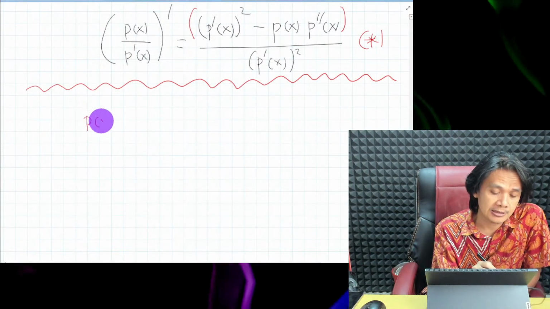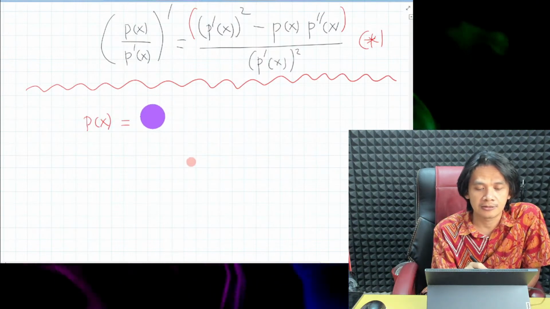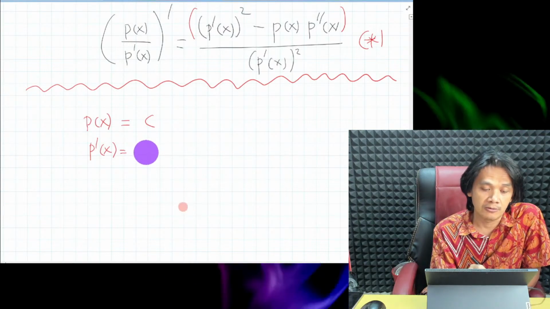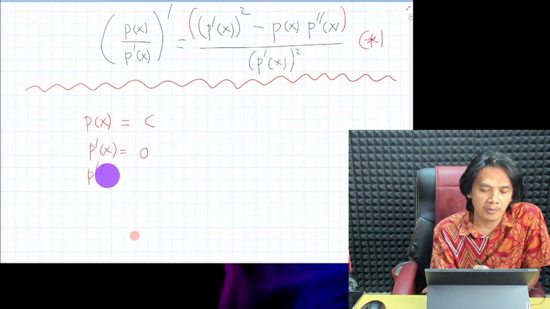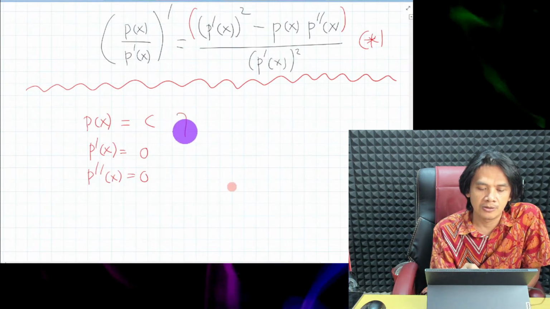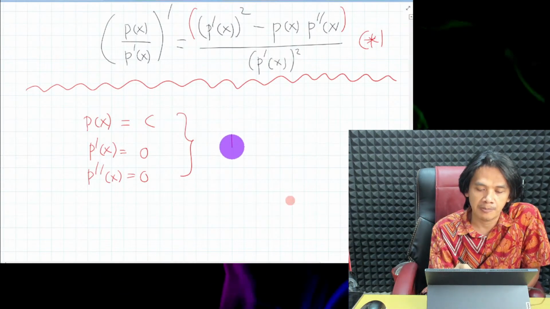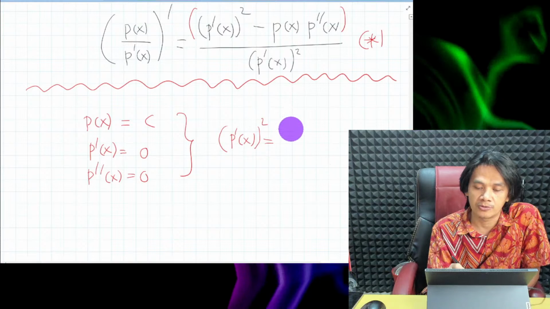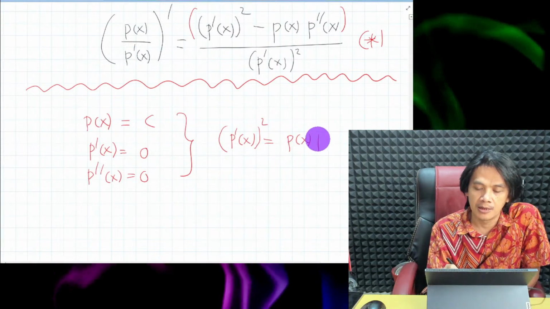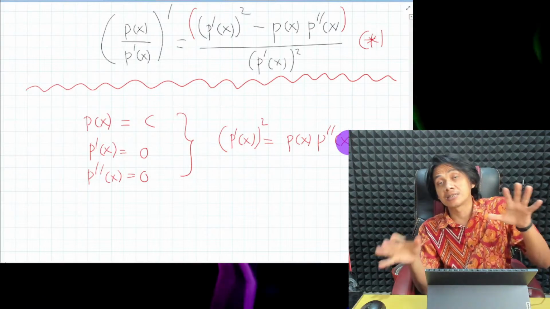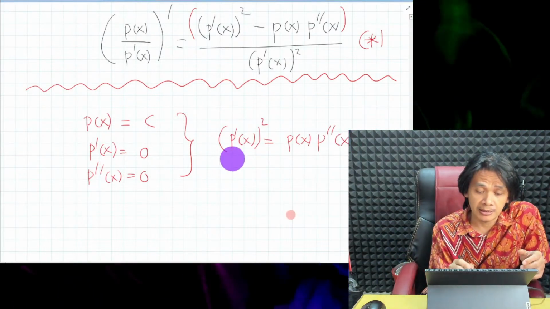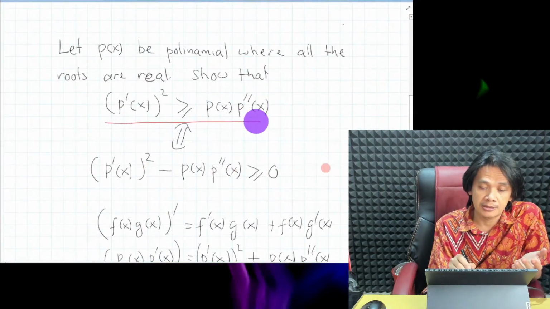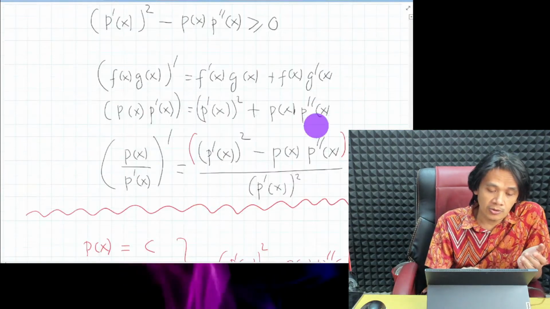If p of x is a constant, then p prime of x is going to be 0, right? And also p double prime of x is going to be 0. So because of that, clearly p prime of x squared is equal to p of x times p double prime of x, because both sides are equal to 0, which means that the inequality still holds true. This statement is true. Okay, so it works for a constant.